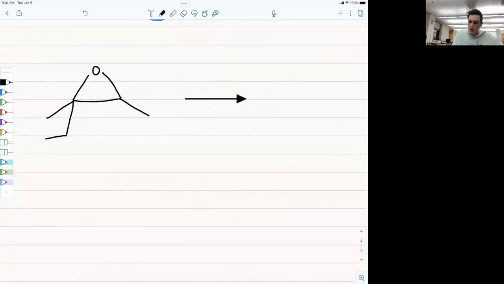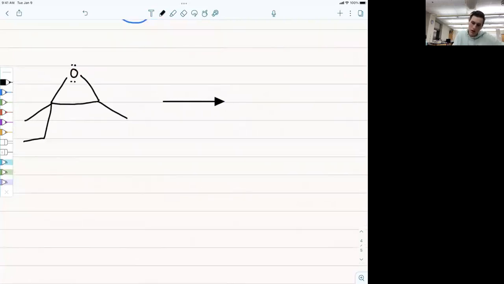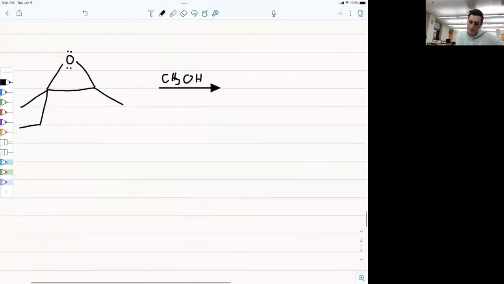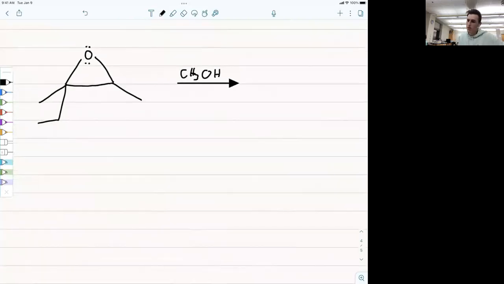And it's an epoxide ring. That means this oxygen is the epoxide. We're going to have lone pairs here, and let's react it with CH3OH. So the first step in this is going to be making a good leaving group, and then we'll end up doing the rest of our reaction.